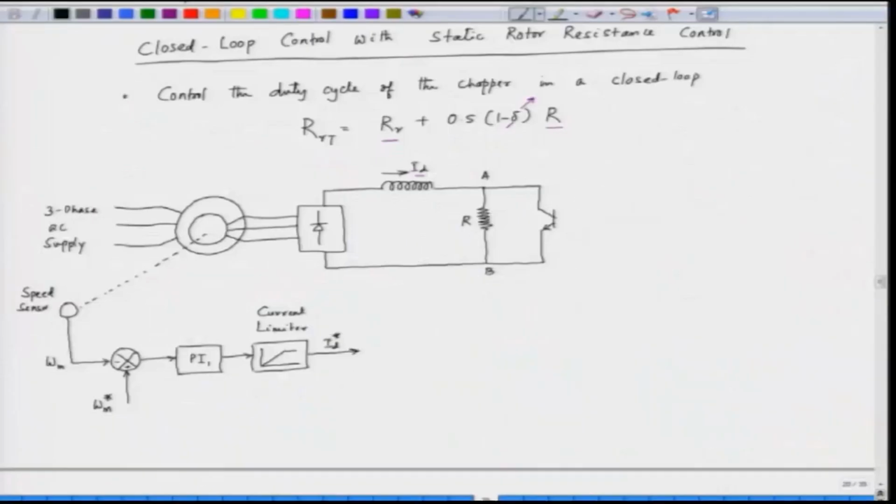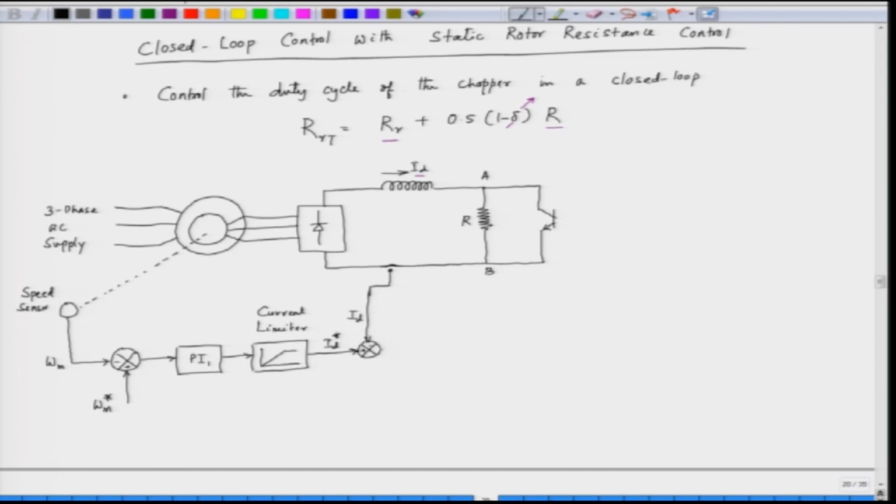So, the output here is ID reference, and this is compared with the actual value of the current. We measure the current here and feed the actual value of the current. We have a current sensor, and this current sensor measures the value of the current.